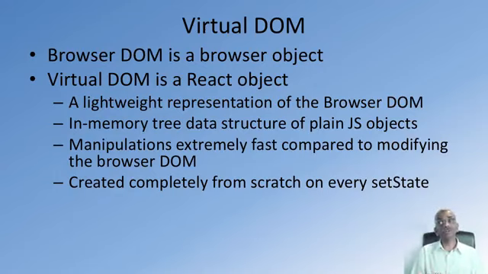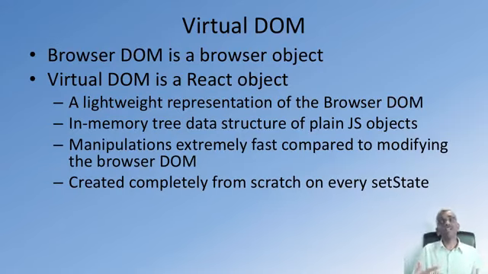Now, since the virtual DOM is an in-memory object in your React application, the virtual DOM can be easily manipulated by React whenever it requires. So manipulations are extremely fast compared to manipulating the browser DOM. When you change anything in the browser DOM, you need to go and re-render the web page all over again. But the virtual DOM, since it is maintained in memory by your React application, you can easily make changes to the virtual DOM.